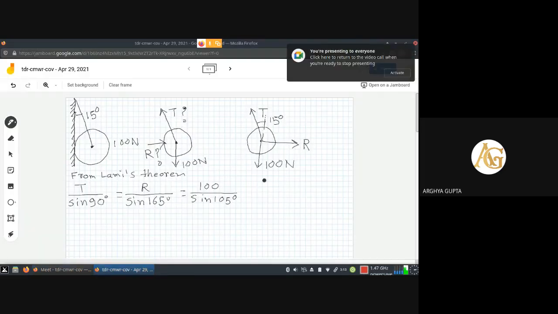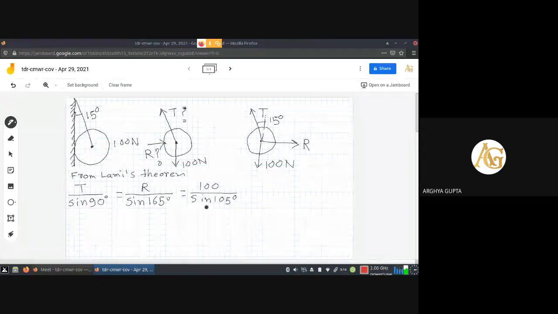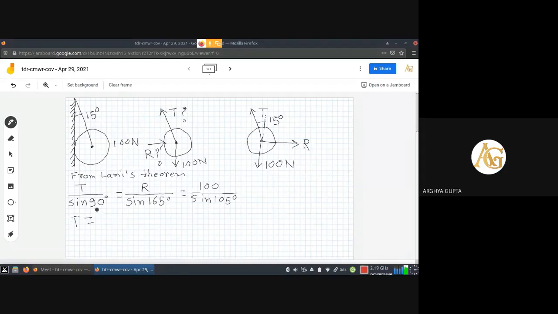Now at the next step we will solve them. So I will make T by sine 90 degree is equal to 100 by sine 105 degree.